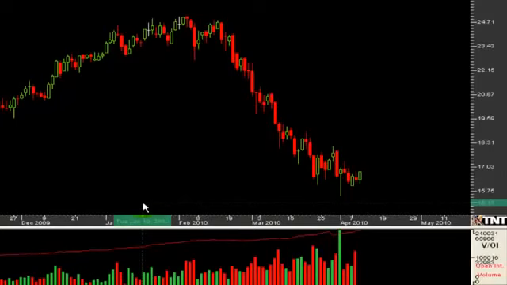So what we tend to do more often than not is use stop orders. And what that means is we will set a price, and once the market trades there, our order automatically becomes a market order and we are in the trade. And there's variations on this as well.